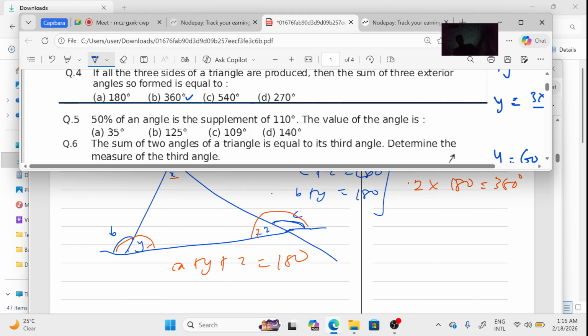That is a particular angle. When you have 50% of that angle and 110, both of them sum up to be 180. So what's the value of the angle? Are you able to interpret that question well?